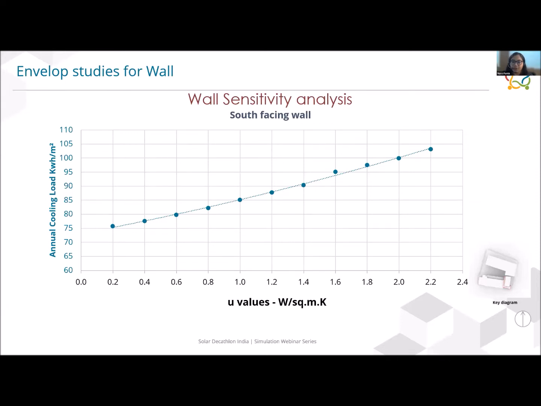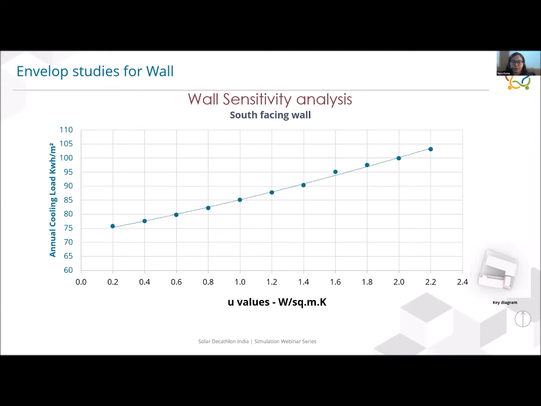On this particular graph, what you can see is the wall sensitivity study for the south facade, south facing walls. The x-axis shows the U values from 2.4 to 0.2 watt per meter square per Kelvin, and the y-axis shows annual cooling load.